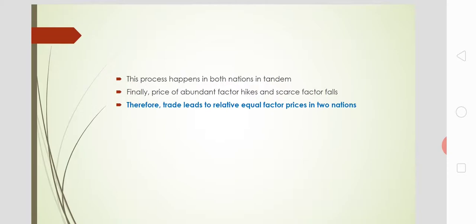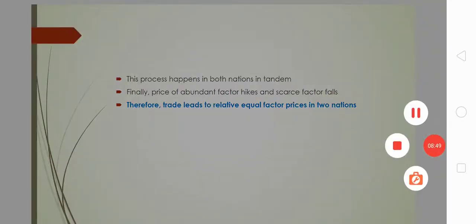Similarly, the demand and price of capital will come down in the labor abundant nations, as the labor abundant nations focus on labor intensive commodities. Finally, prices of factors will be equal after international trade in both nations. So this is the factor price equalization theorem. This will be materialized because of international trade, because of specialization.